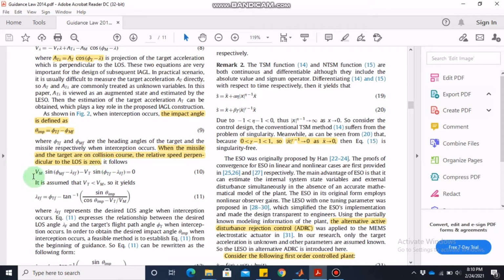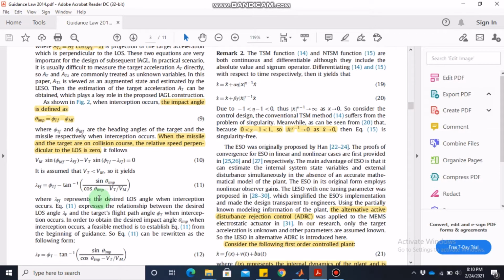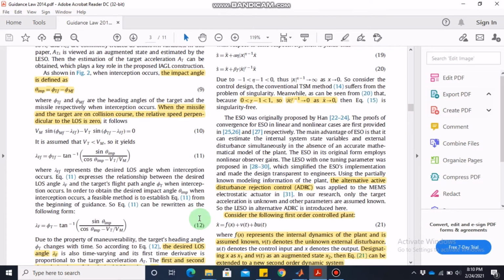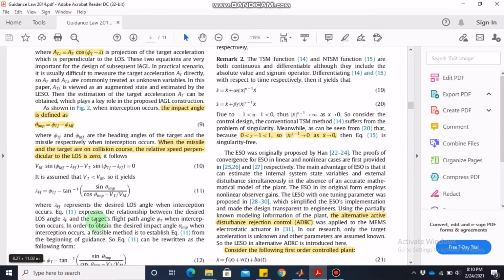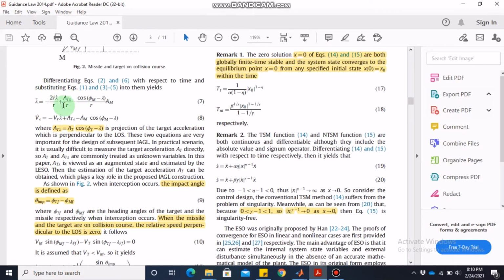So from this equation they have obtained this lambda sub ff, which represents the desirable line of sight angle when the interception occurs. So the whole idea is to achieve the desirable value of the line of sight angle given these dynamics of the line of sight angle.